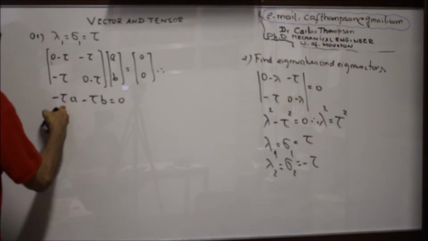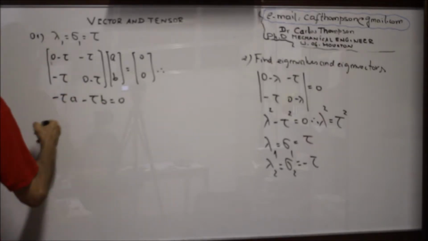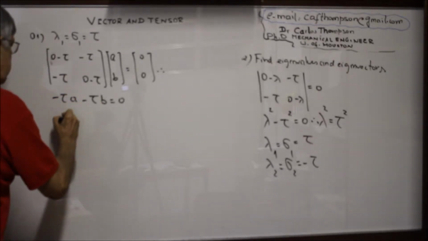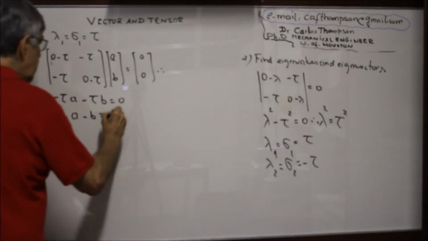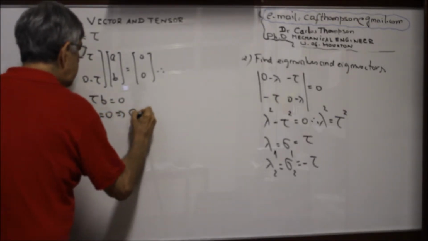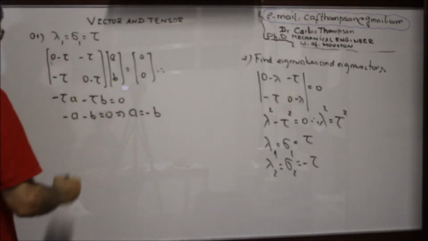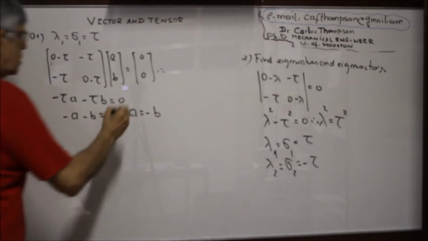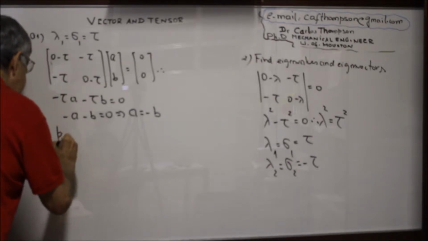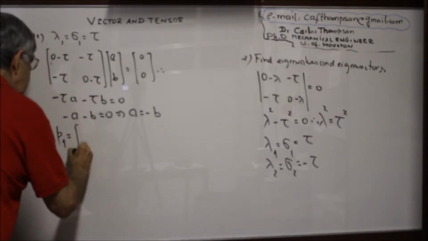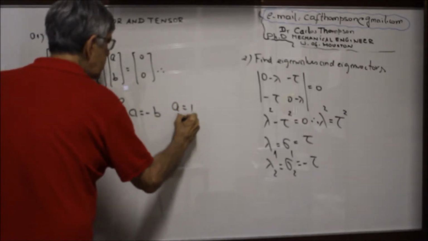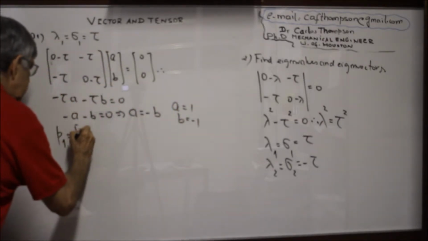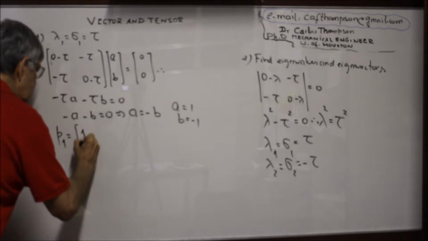Tau is different from 0, so you can simplify. From here you have minus A minus B is equal to 0, so A is equal to minus B. Now, P1, the first eigenvector, will be, with A equal to 1, B equal to minus 1, so 1 and minus 1.